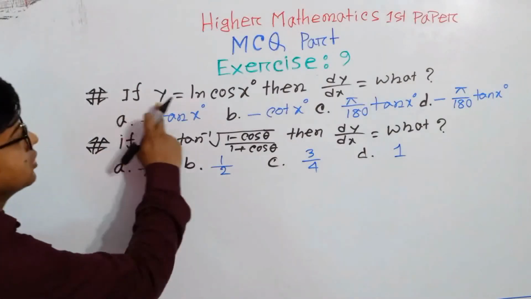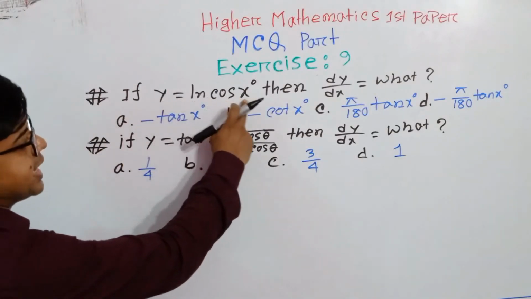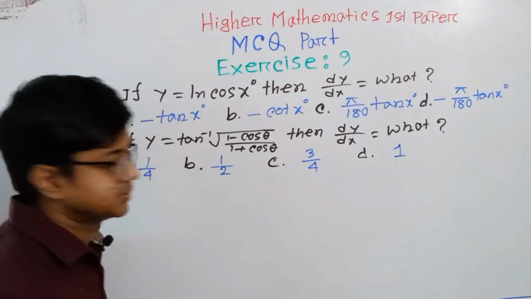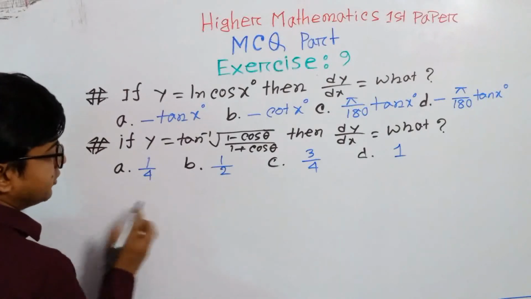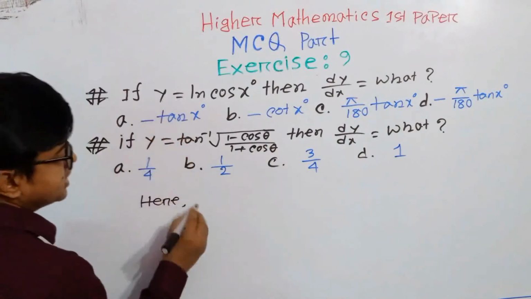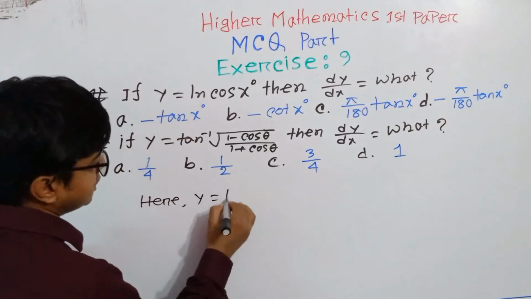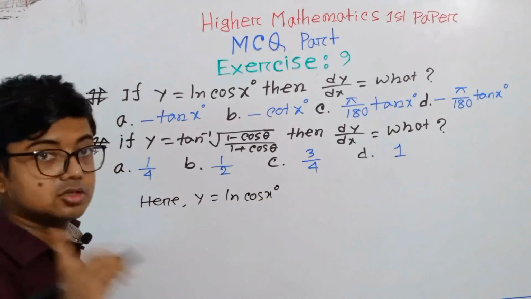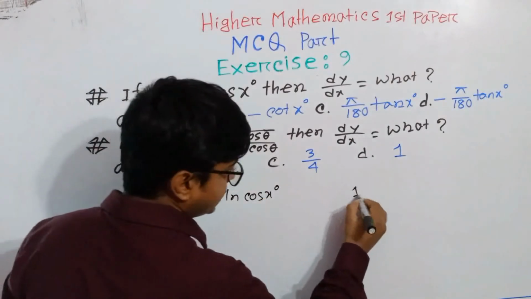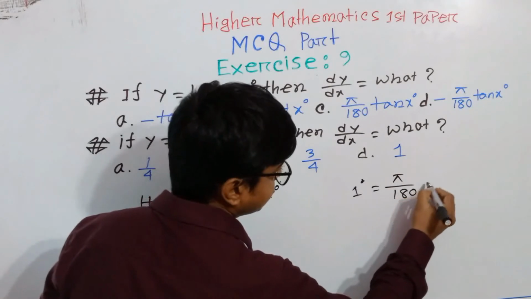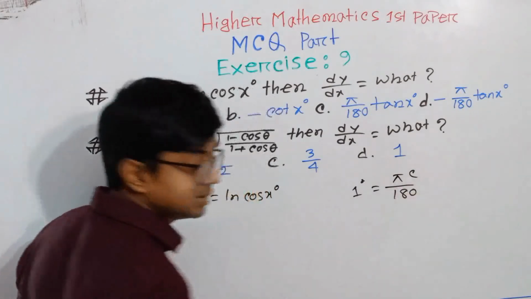Now if y equals ln cos x degree, then d/dx of y equals what? We can solve it here. Look at this, y equals ln cos x degree, and we all know that 1 degree equals pi by 180 radian.